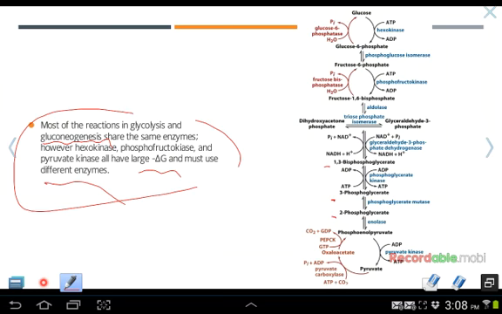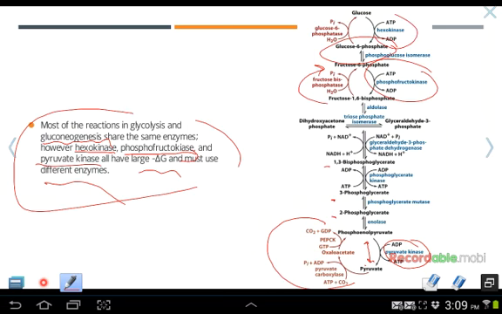And so these 3 enzymes, not surprisingly, are hexokinase, phosphofructokinase, and pyruvate kinase. So to go from pyruvate to PEP, using pyruvate kinase, we have to bypass that, and we do that with 2 steps. We also have to bypass phosphofructokinase, and you'll see how we do that there, as well as glucose 6-phosphate to glucose with hexokinase, which must be bypassed with a different enzyme.